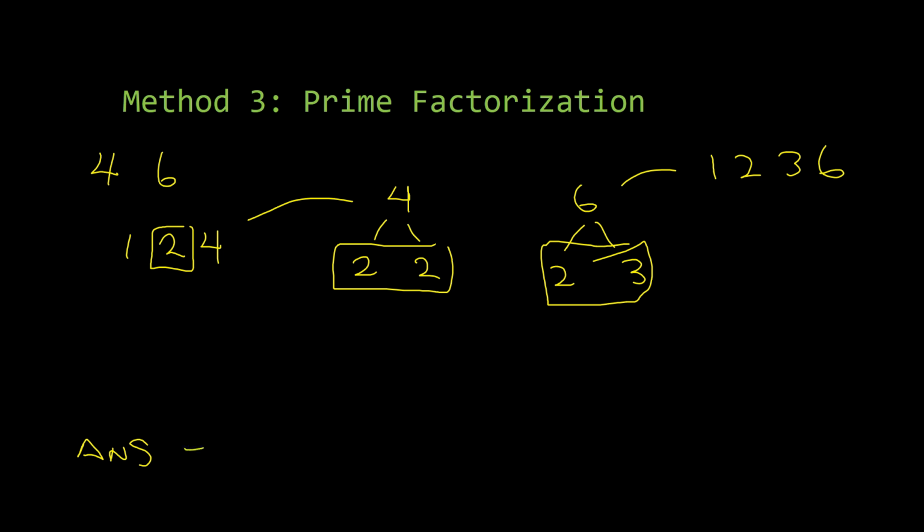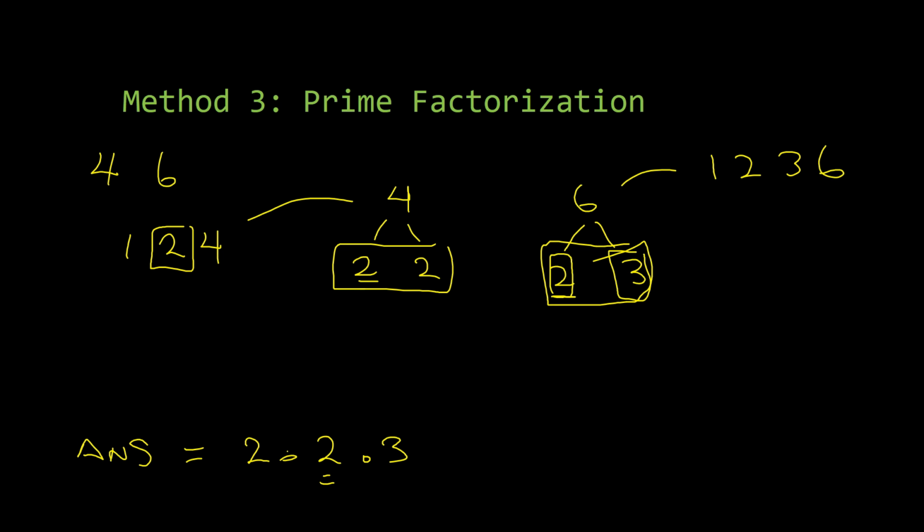So first off, we list all the prime factors needed for 4, which are 2 and 2. So we say 2 multiplied by 2. Now when we reach the 6, we have to make sure that our answer has at least one 2 and one 3. We already have two 2's in our answer, so we don't have to add any other 2. So we simply take that and multiply it by a final 3.